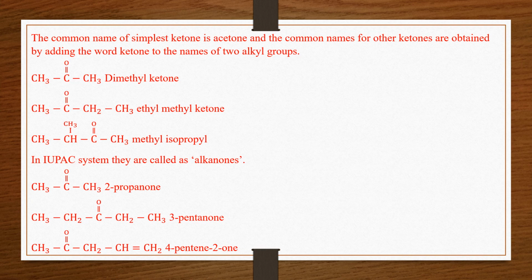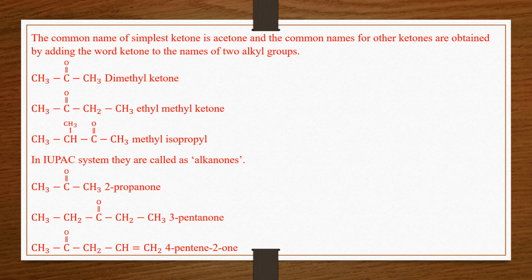Next, CH3 C double bond O CH2 CH double bond CH2. Okay. Now, how many carbons are there? Five carbons are there. So, the alkane having five carbons is called pentane. But there is a double bond here, so it becomes pentene. Now, which carbon has the carbonyl group? The second carbon, and the fourth carbon has the double bond.